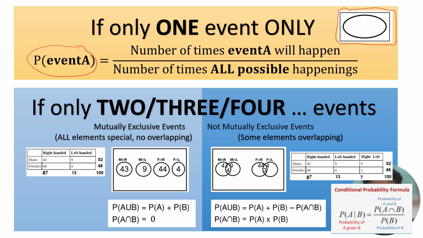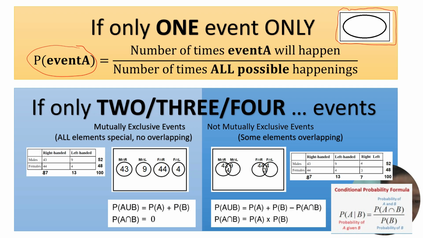The blue box is the case when we have 2, 3, 4, 5, 6 or many events involved in our probability calculations. These events can be divided into two subgroups. The first is when none of the events overlap; there are no shared people inside those circles.